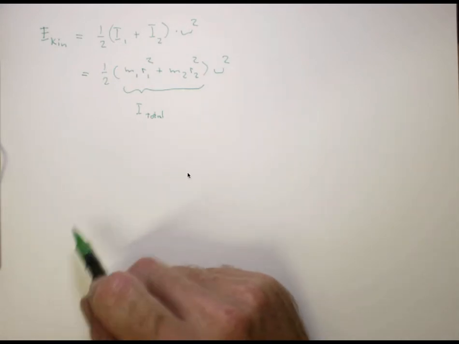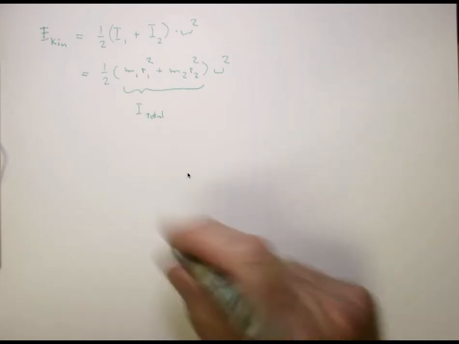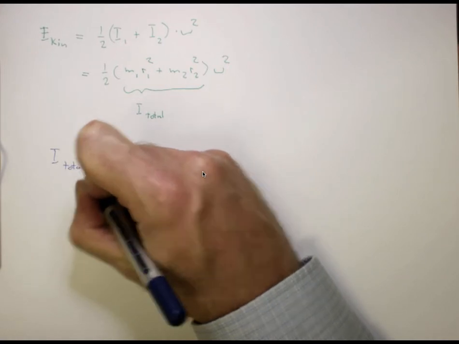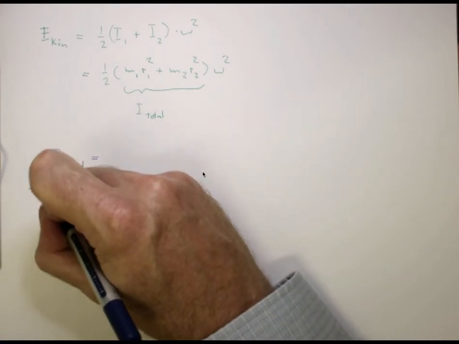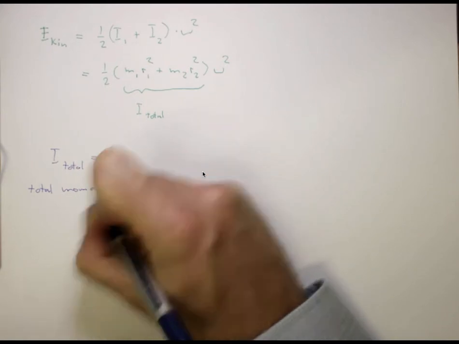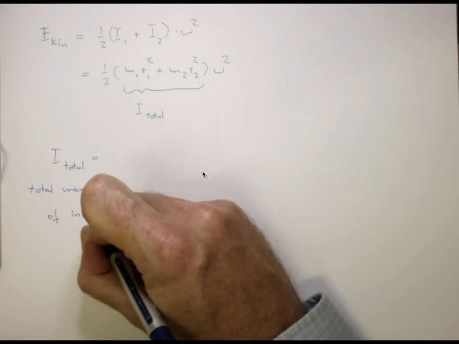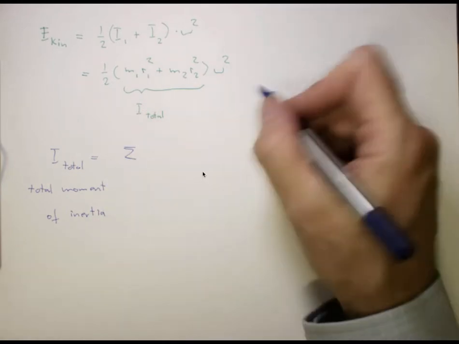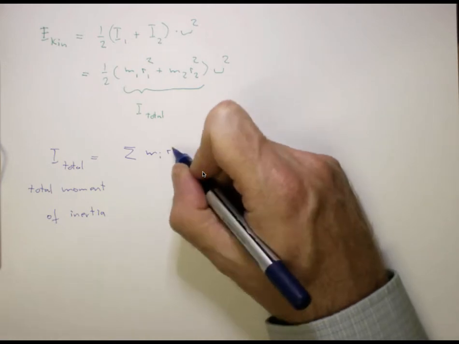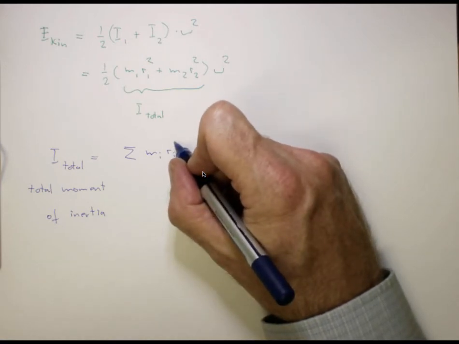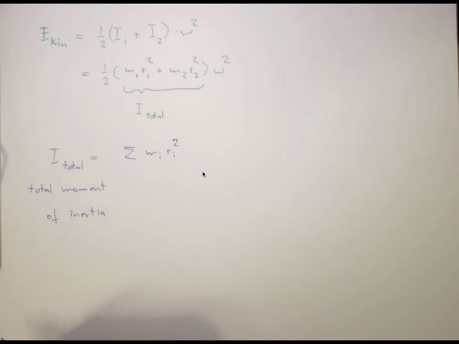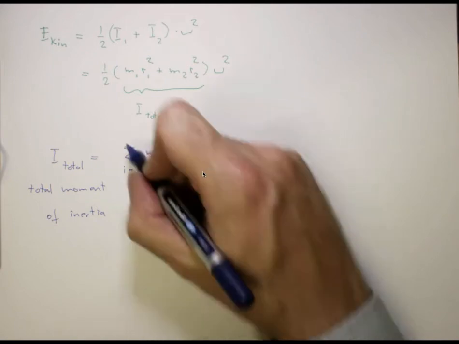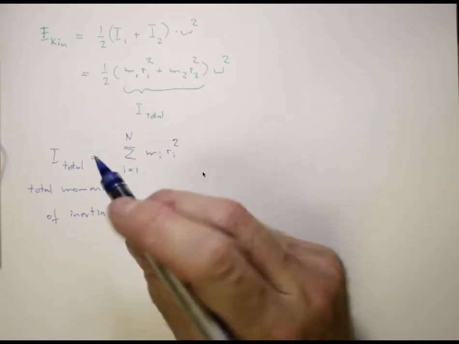So you can see that moments of inertia are additive, and we can write in general that any total moment of inertia is made up of all the contributions associated with different particles, mi, which are at different radii ri from the center, and that radius goes in squared, and we're summing over all of them, i equals 1 to n, whereby n is the number of particles.